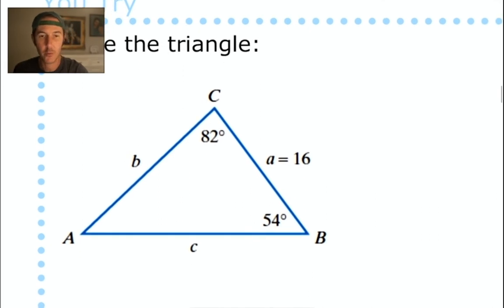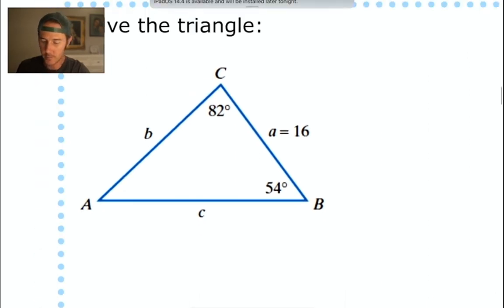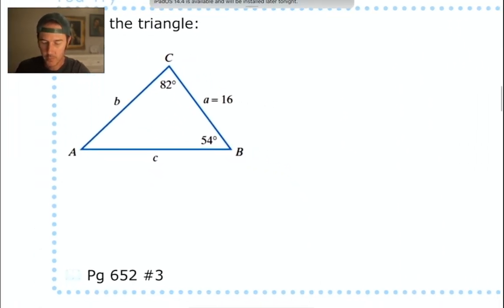In this problem, however, we are being given a side length that's between the 2 given angle measures. So it's a little bit different scenario, but it doesn't change our approach very much.